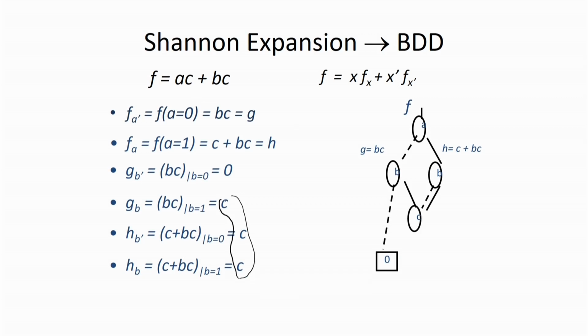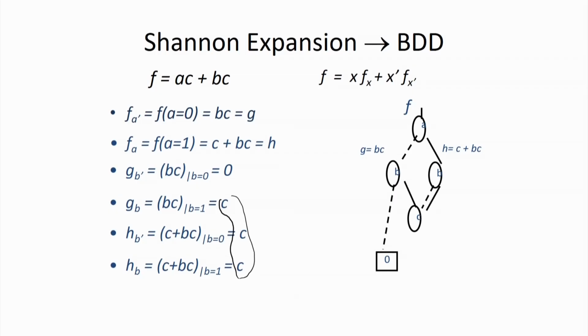We know that if c is equal to 0, the functional value is 0, and if c is equal to 1, the functional value is 1. So finally we get this BDD construction: c equal to 0 goes to 0, c equal to 1 goes to 1. When we use the Shannon expansion, the BDD representation of this function is this one.